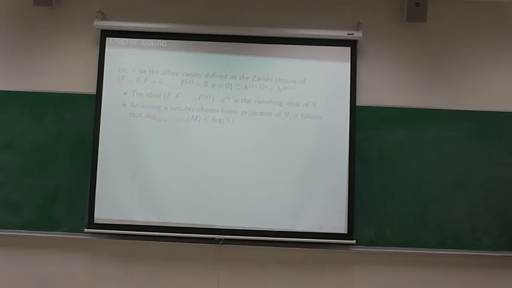So now, in order to bound the degree of m, we have to bound the degree of V. We could do this just using the Bézout bound, which would be the product of the degrees of all the polynomials appearing here, but that gives an exponential bound in the number of variables.